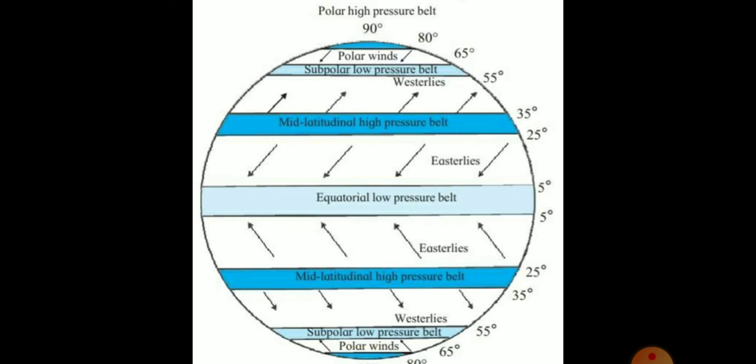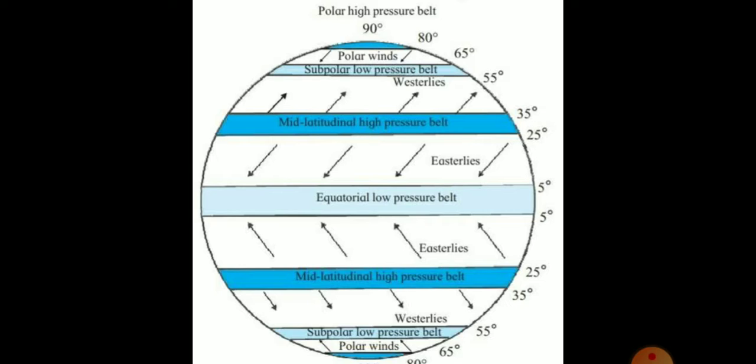So we will be discussing in more detail the pressure belts on the earth. What exactly is it? On the earth system, there are 7 pressure belts. If we see, how many belts are there? 7.